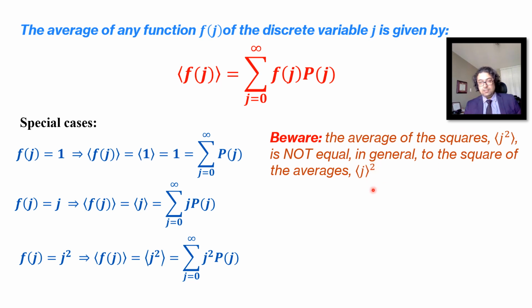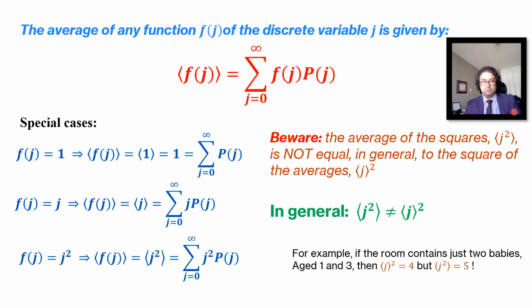And as I said, these two are not necessarily the same. So remember this. Through an example, you can do the calculation yourself. If I have a room containing only 2, let's say babies, aged 1 and 3, then the average squared is 4, but the average of the square is 5. So you see, they're not necessarily the same.